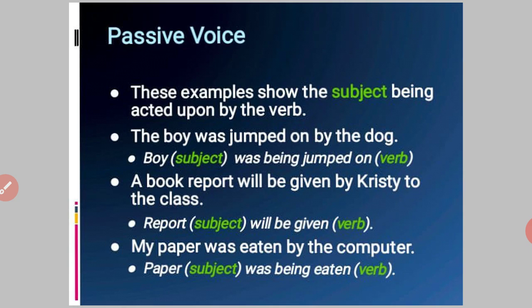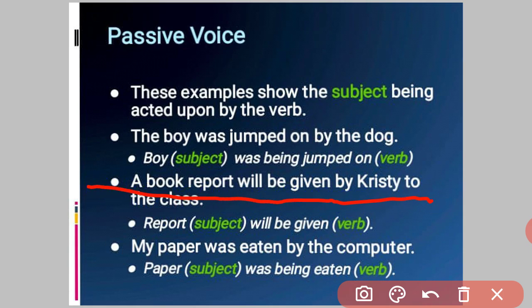Getting? A book report. Look, it's more clear from this sentence. A book report will be given by Christy to the class. So a book report is the subject of the sentence, and the subject of the sentence is not performing any action. Can you say a book report is performing any action? No. A book report will be given by Christy to the class.